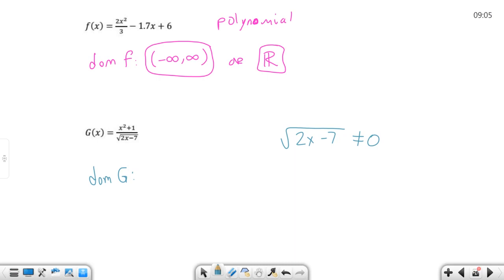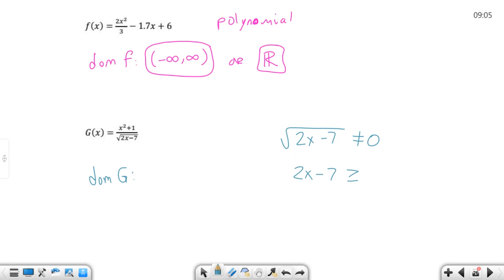Set the denominator not equal to 0. I didn't do it formally; a lot of times I see books with n of x for the numerator and d of x for the denominator, and say d of x is not equal to 0. I could have done all that, but here it's just the entire denominator not equal to 0. Wait a minute. I also can't have a negative under an even radical. That gives me another restriction. So my radical says take what's under the radical and say greater than or equal to 0.